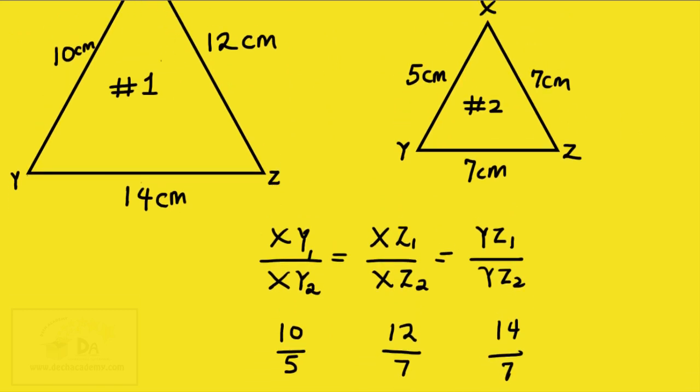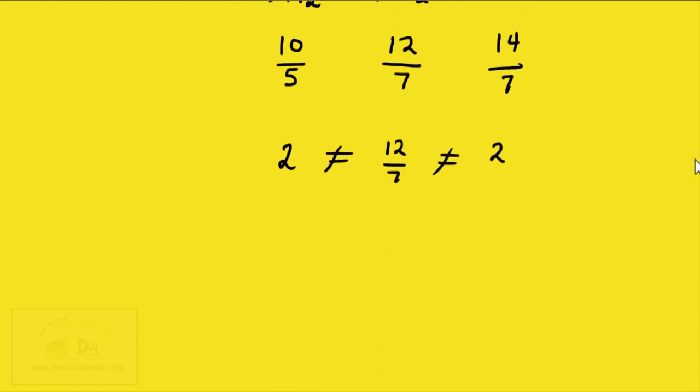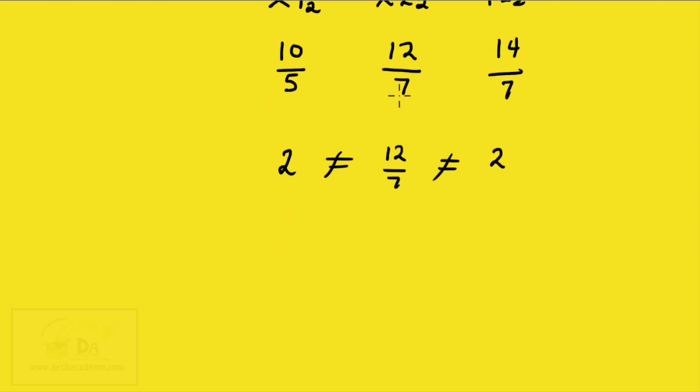But what if this side now has a length of 6 centimeters? That means that instead of 7 here, we'll have 6.